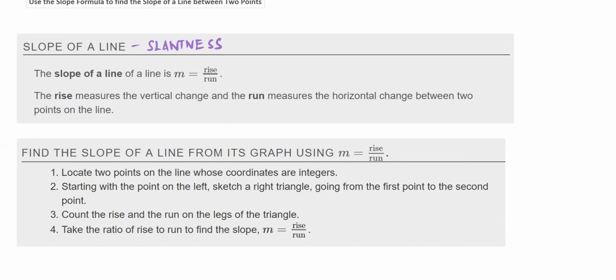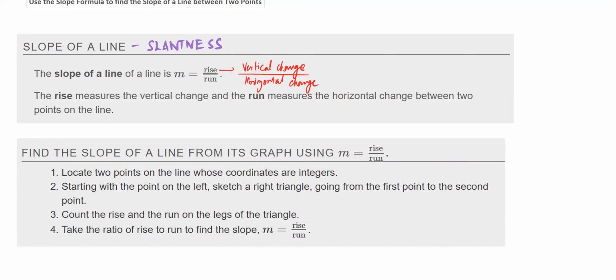Rise simply means the vertical measure, the vertical change, okay? So I will just write here, vertical change over horizontal change. Change means difference, right? Something changed, so there was a difference.